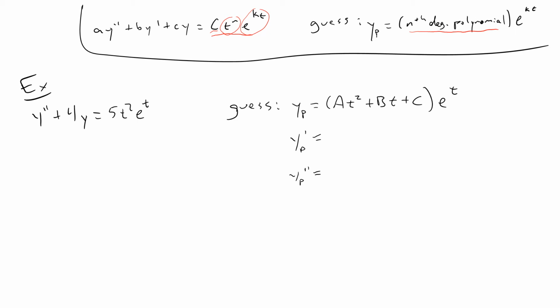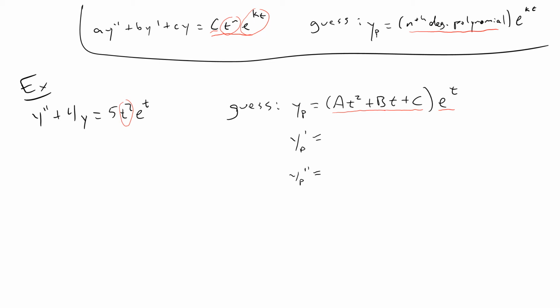So for example, y double prime plus 4y equals 5t squared e to the t. I have a t squared showing up, and so part of my guess is going to involve a second degree polynomial. That's what I have here, at squared plus bt plus c. And then I have an e to the t showing up, and I also have an e to the t showing up in my guess.